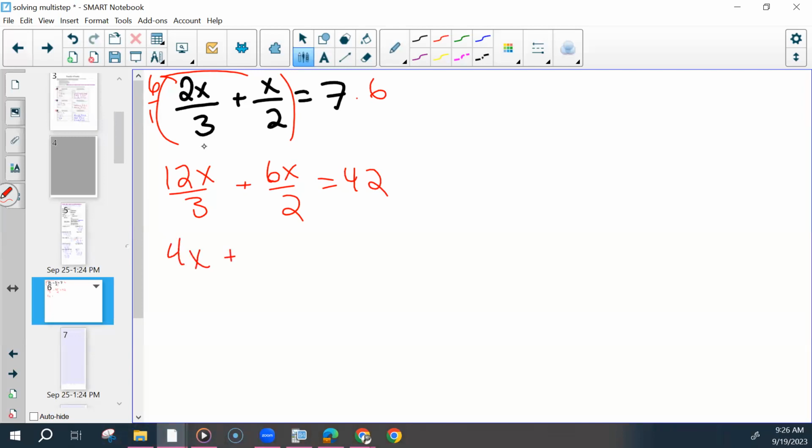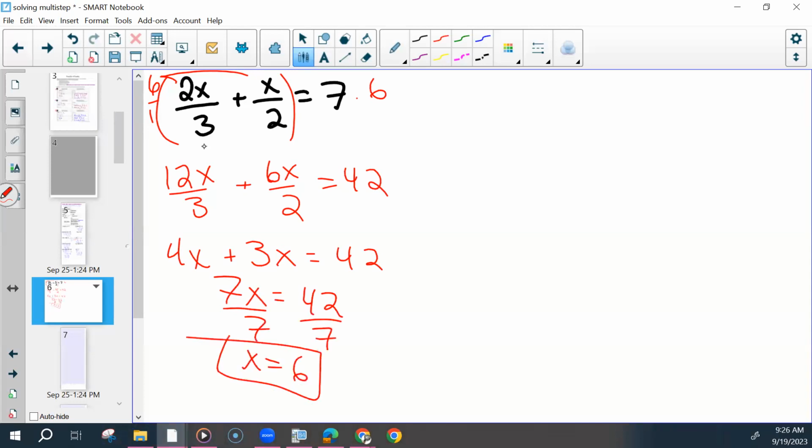And 3x. Now we've gotten rid of the fractions completely. We can add our like terms. And then this one. You get the same thing either way. It's your preference on which one you've got it.